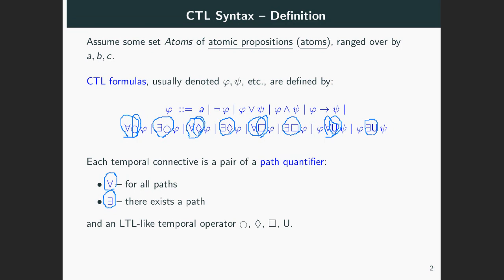The reason why for all and exists are called here path quantifiers is because used in a CTL context, they represent universal and existential quantification over all paths starting in the given state, as we'll see shortly when we look at semantics.